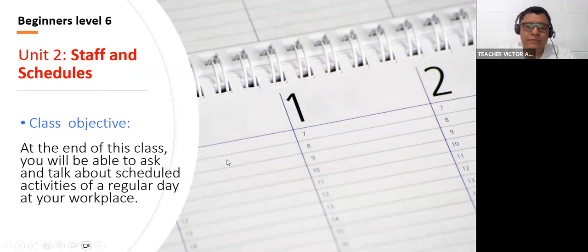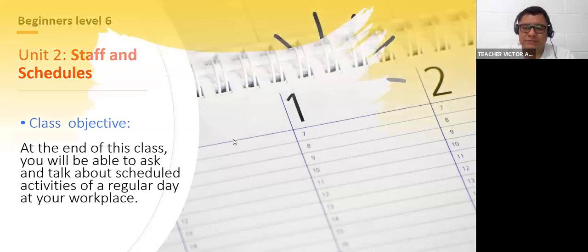We're going to talk about activities in general, the things that you do, and we're going to learn some additional vocabulary about this and other things that are part of the class.